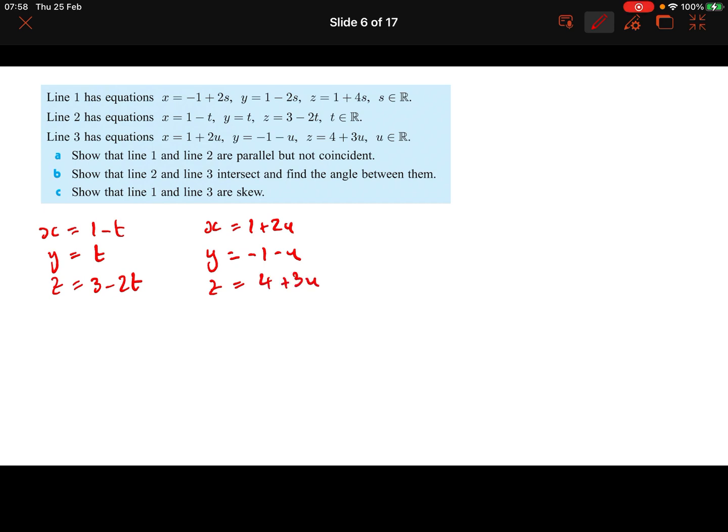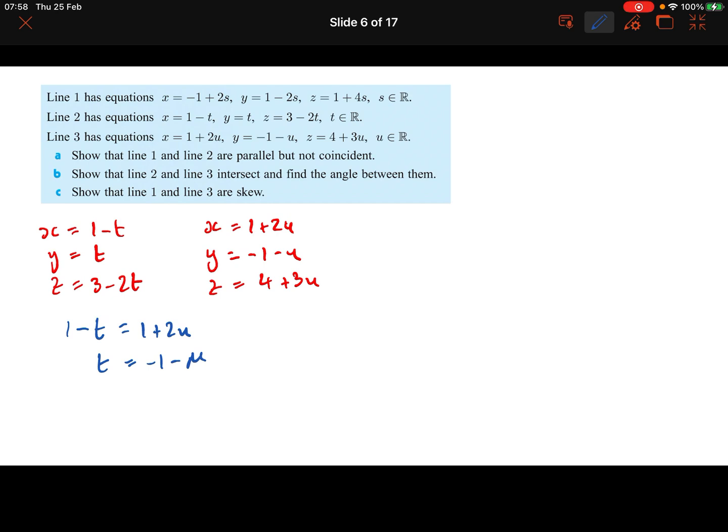Now, if they intersect at a certain point, well, we can find out where that is by equating each parameter of the line. So we can say, what happens when the two x values are equal? So 1 minus t equals 1 plus 2u. And what happens when the two y values are equal? Well, t would be equal to minus 1 minus u.